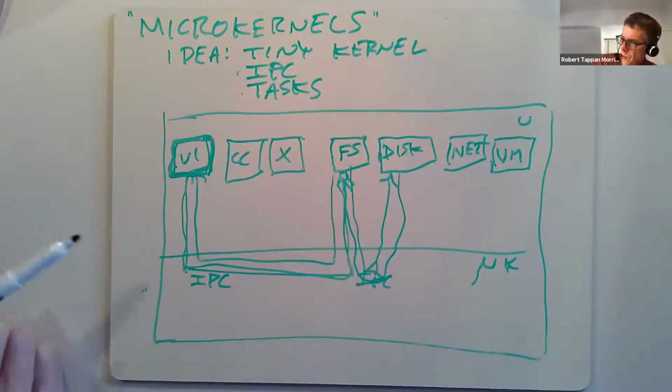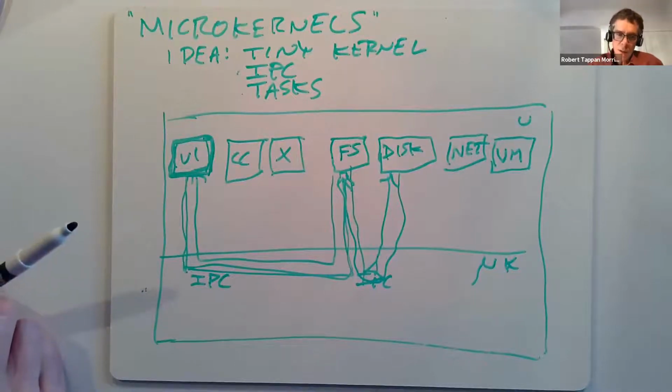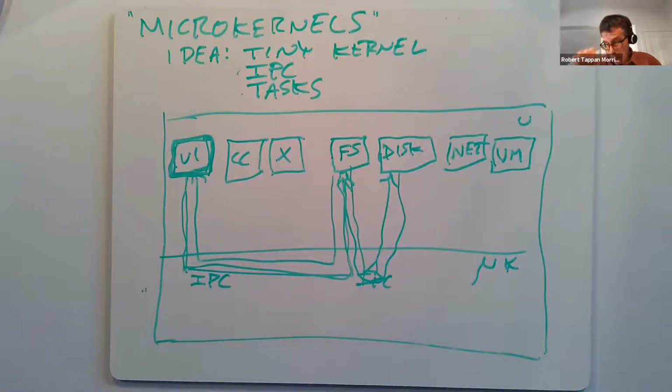And just to give you a taste of where this ended up, there are actually still microkernels in use today. Indeed, the L4 microkernel, which is the topic of today's paper, turns out to be used. There are many instances of L4 running because it's used in a lot of cell phones in the little microcontrollers that control the cell phone radios.